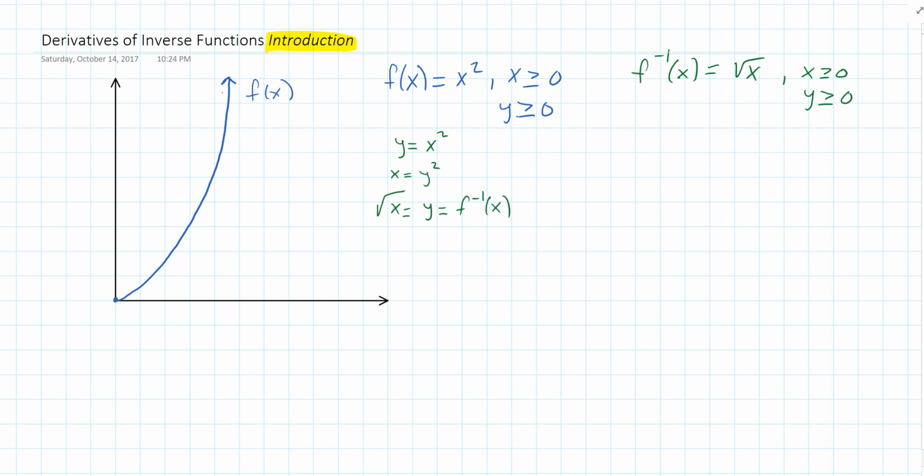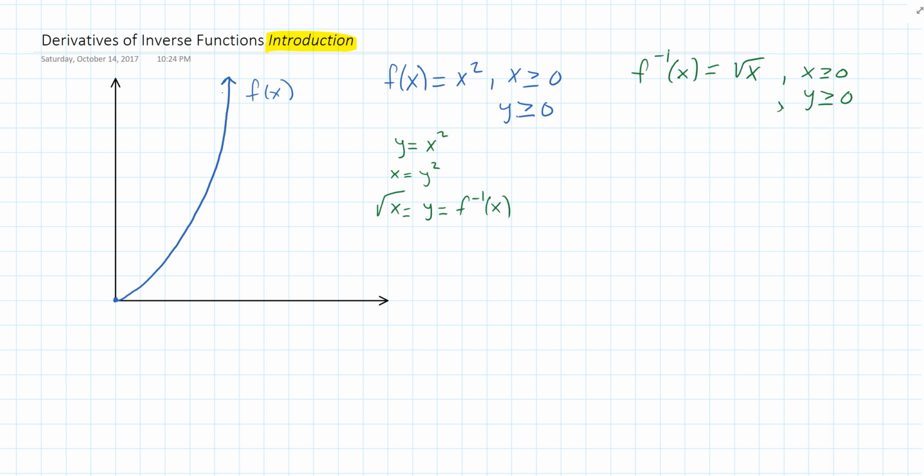Now, these two are no coincidence. You should know that the domain of a function will become the range of the inverse function, and the range of the function will become the domain of the inverse function, and that you learned already in Algebra 2 and Pre-Calc.